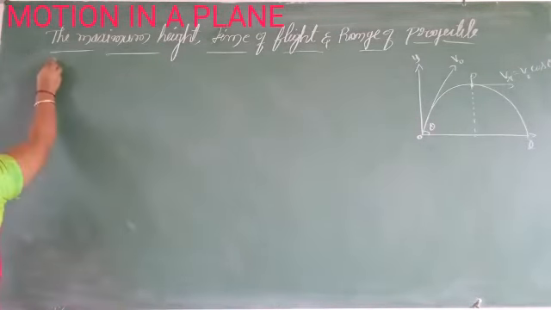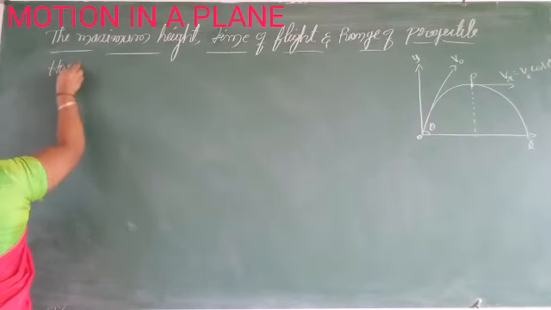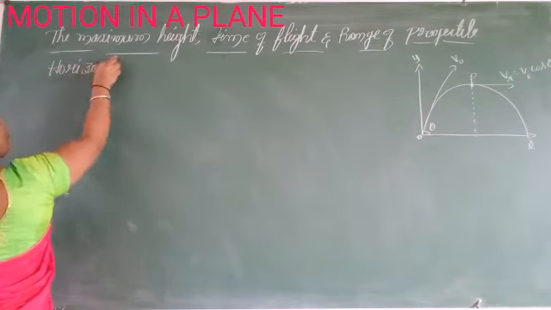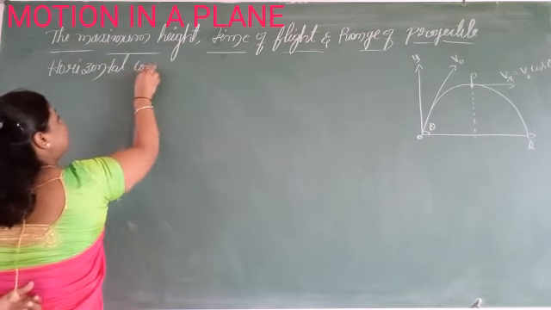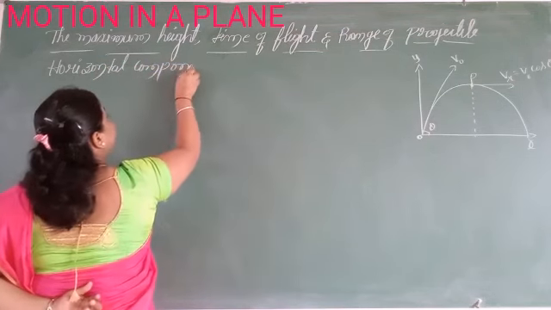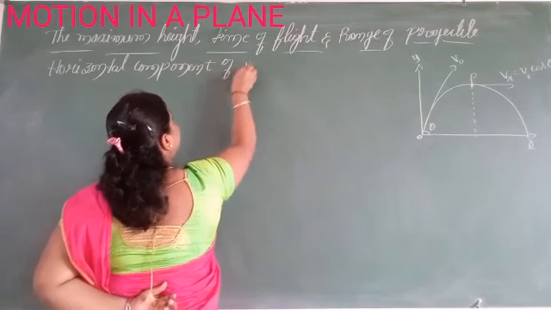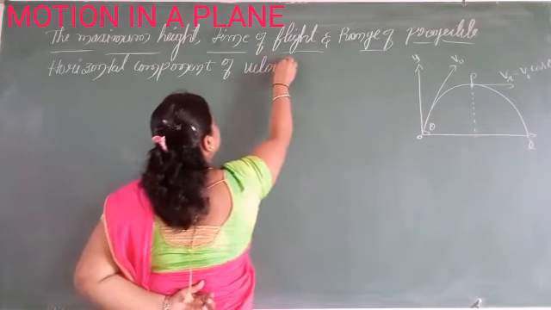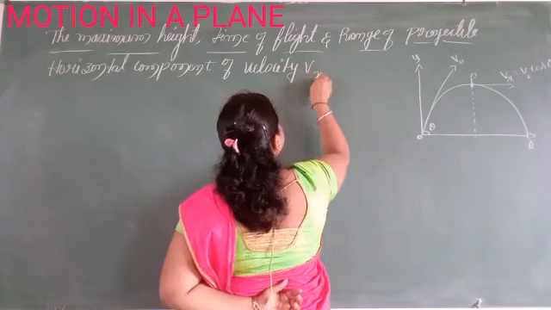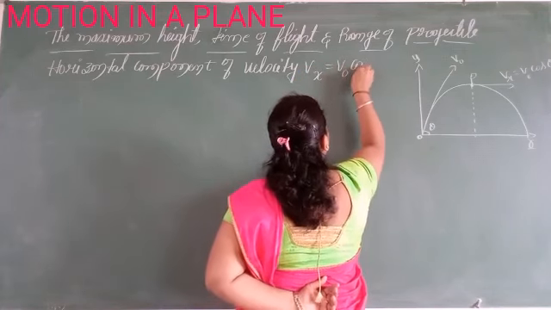Now let's see the horizontal component of velocity, that is Vx is equal to v0 cos theta.